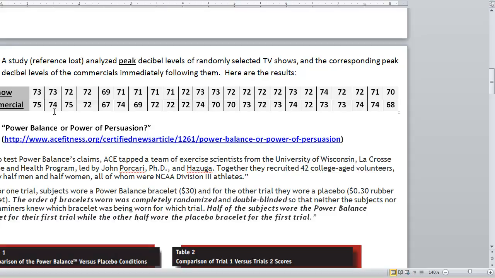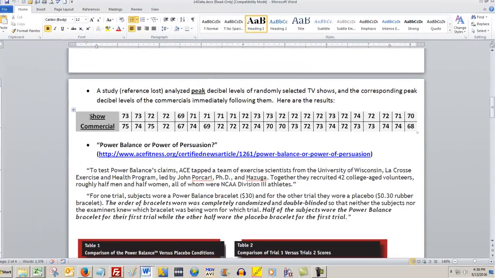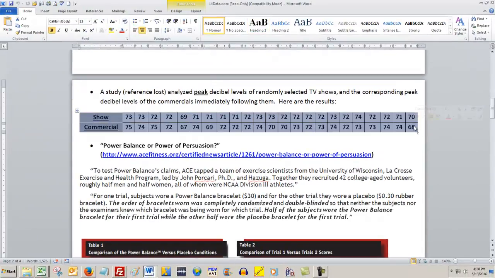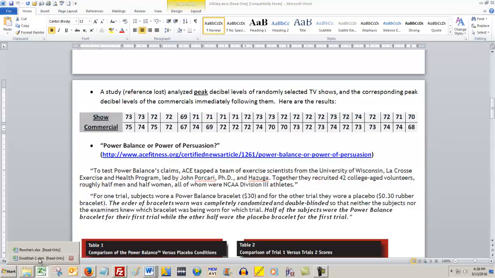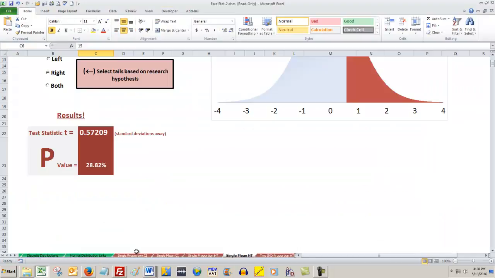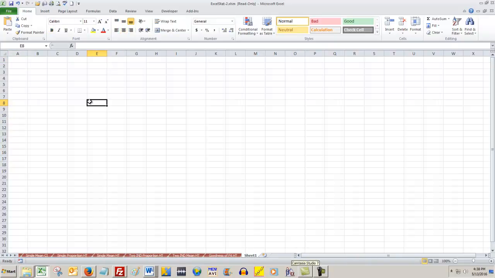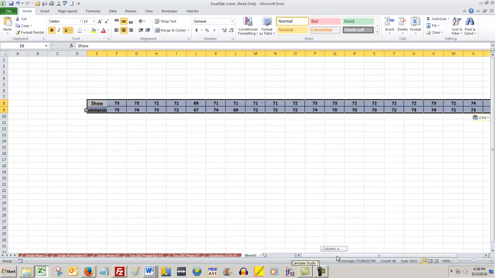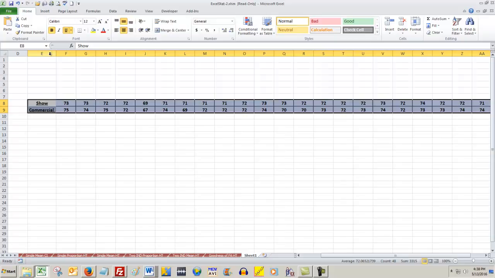So here's what I propose we do. I propose we copy this into a blank Excel sheet. We'll go to our Excel stat, and I'm just gonna create a new sheet at the end here. Okay, so a blank sheet. I'm going to paste the data in, and I think what we should do personally is, if I can shrink it down so it fits better.